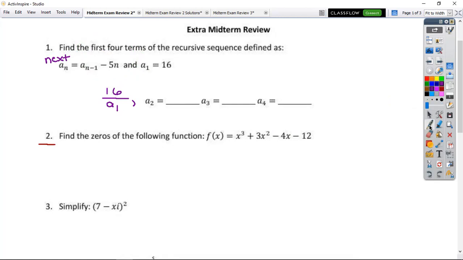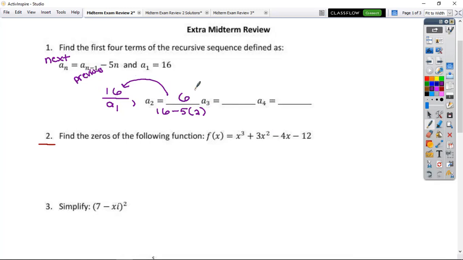And this always counts as partial credit too in the instance that you make a mistake. So next term is equal to previous term. So I'm going to look at the previous term, and then minus 5 times the term number I am looking to find, which is the second term. So 16 minus 10, my first answer should be 6.